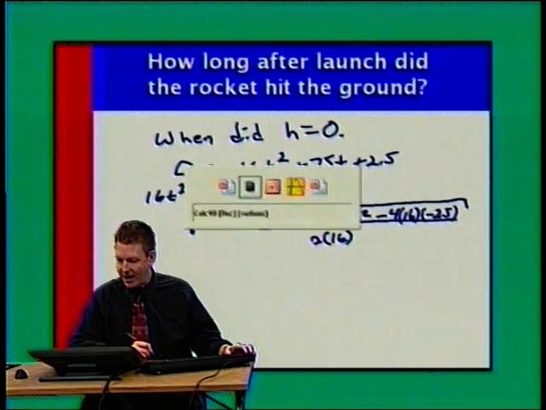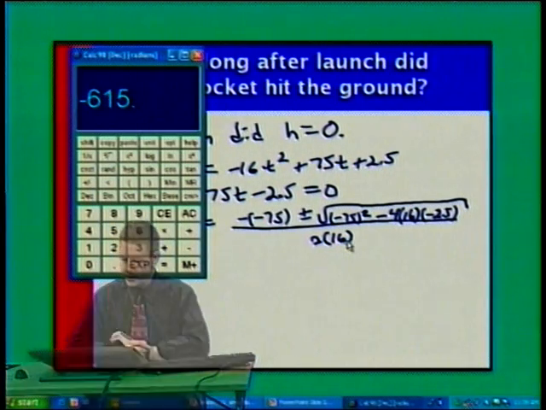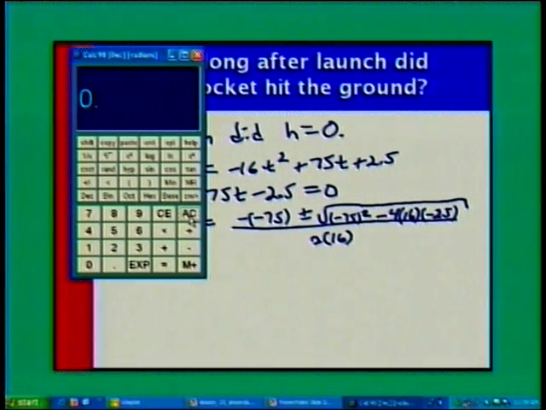So let's get out our calculators and see what our discriminant is. We've got 75 squared minus 4 times 16 times 2.5, change the sign on that, and we get 5785.